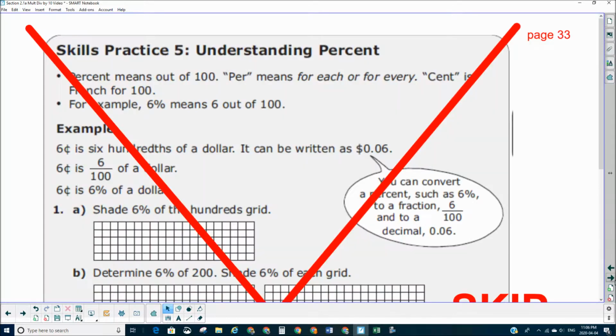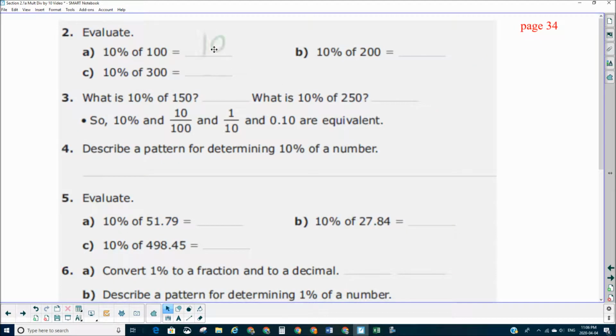So it's the same math that we're doing here. 10% of 100 is 10. 10% of 200 is 20. And you can see that again, that decimal place moving 1 decimal place to the left. Well, you can imagine if 10% of 100 is 10, 10% of 200 is 20, 10% of 300, I think we can all confidently say it's 30.